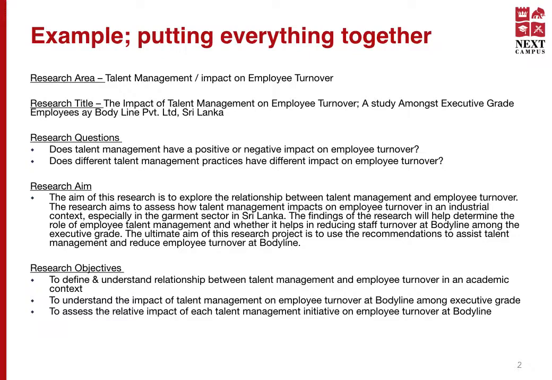As we said, the research objectives always start with the word to, and it tries to operationalize where the research can be done and can be achieved. So the research objectives should have as much detail as possible, so you're very clear where and how you are going to achieve the research results.